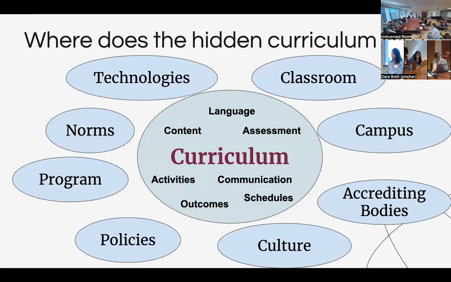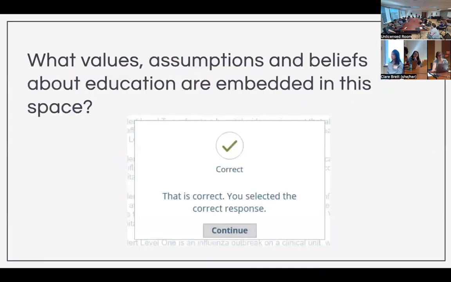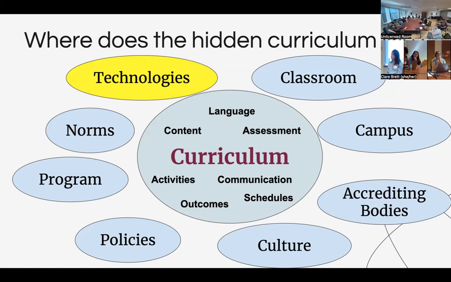And then finally, the technologies. So what we're actually going to talk about for the next couple of slides is the technologies. We often make the assumption that technology is neutral. And technology is not neutral. Technologies largely are built to reflect the biases, the assumptions, the values in our social systems.